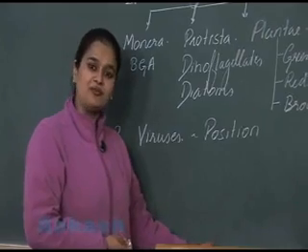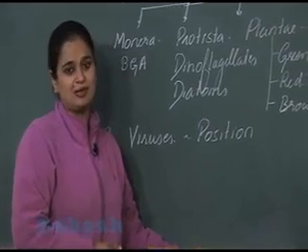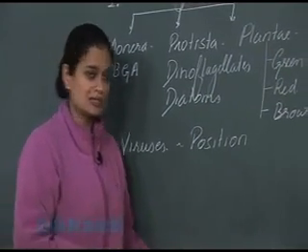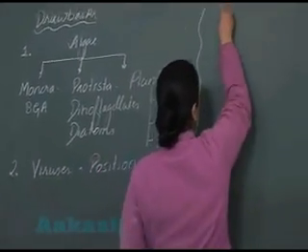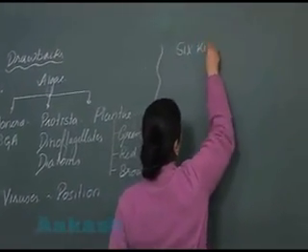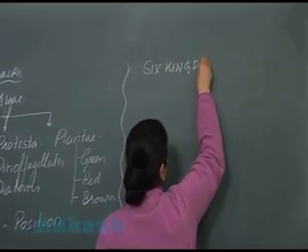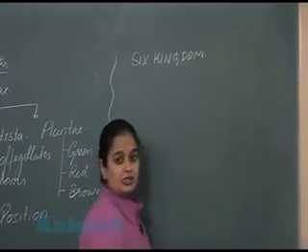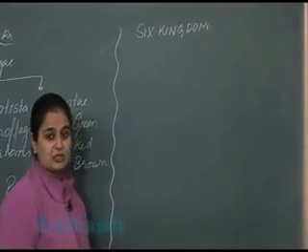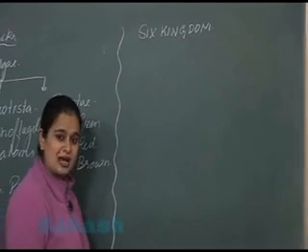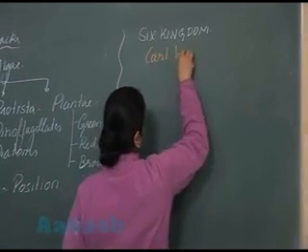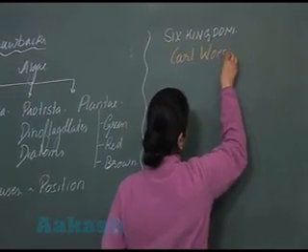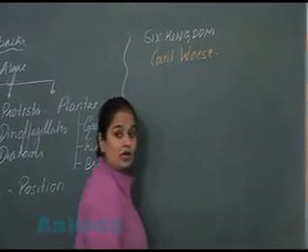Now after the 5 kingdom classification system, let's start with 6 kingdom. The six kingdom classification system was given by the scientist Carl Woese.